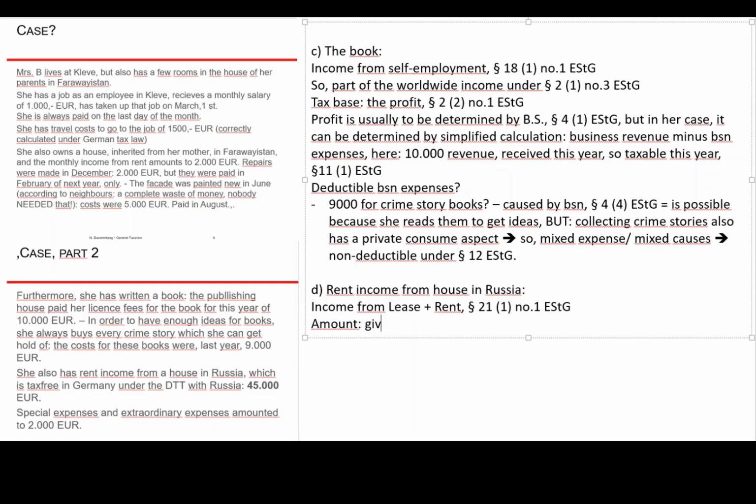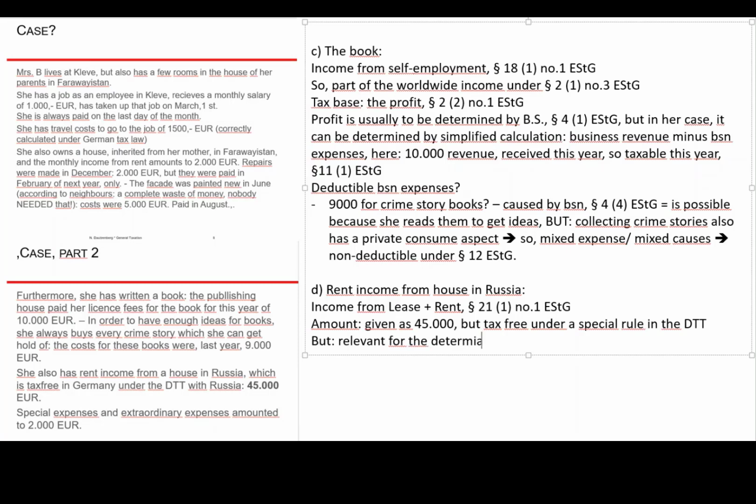Amount given as 45,000, but tax-free under a special rule in the DTT, Double Taxation Treaty, but relevant for the determination of the tax rate under the proviso safeguarding progression.